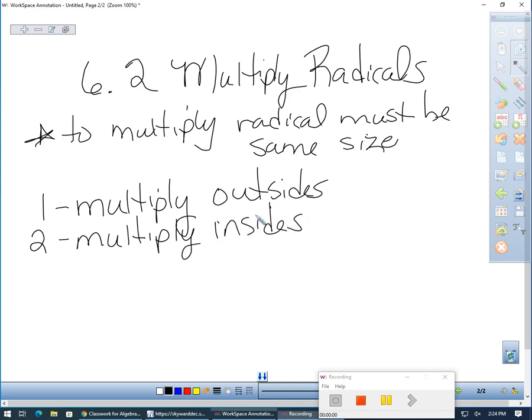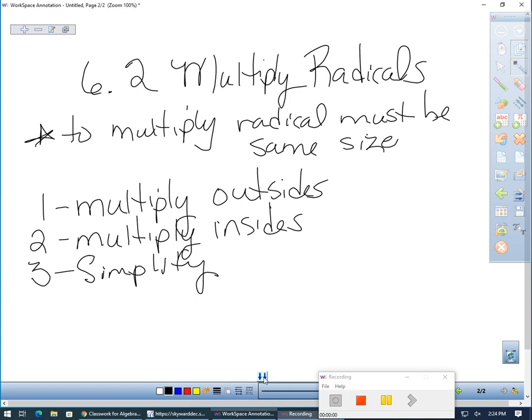And step 3, we're going to simplify. All right. So these are the steps we're going to follow. The only time we wouldn't do that is if they were not the same size, right?